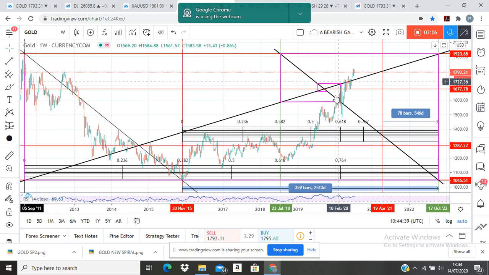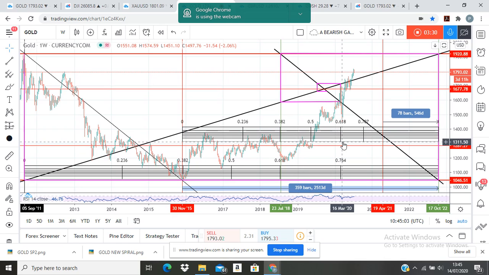Then here, where we had this sharp reversal, we can see the 0.618 and then the 0.786 level also aligned perfectly. This is a weekly candle, so it shows second March, but this is the second March to 9th March candle because it's a one week time frame.